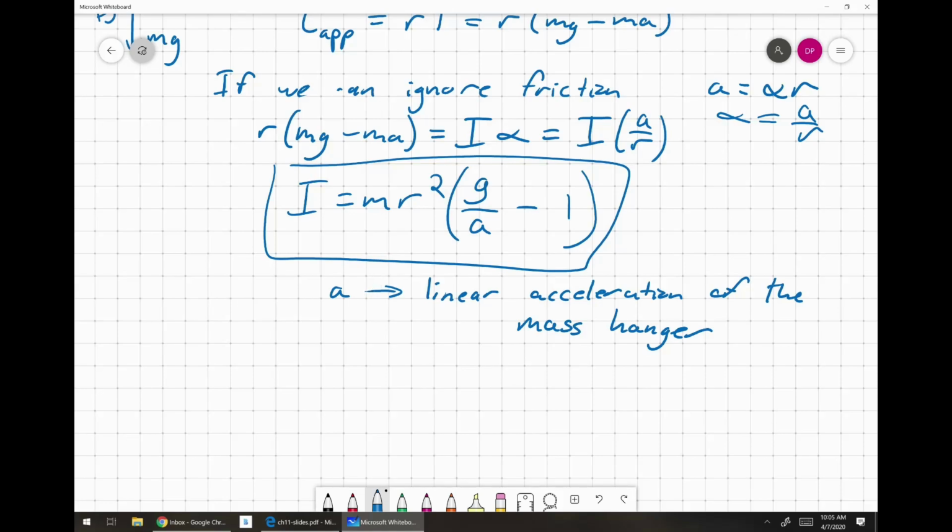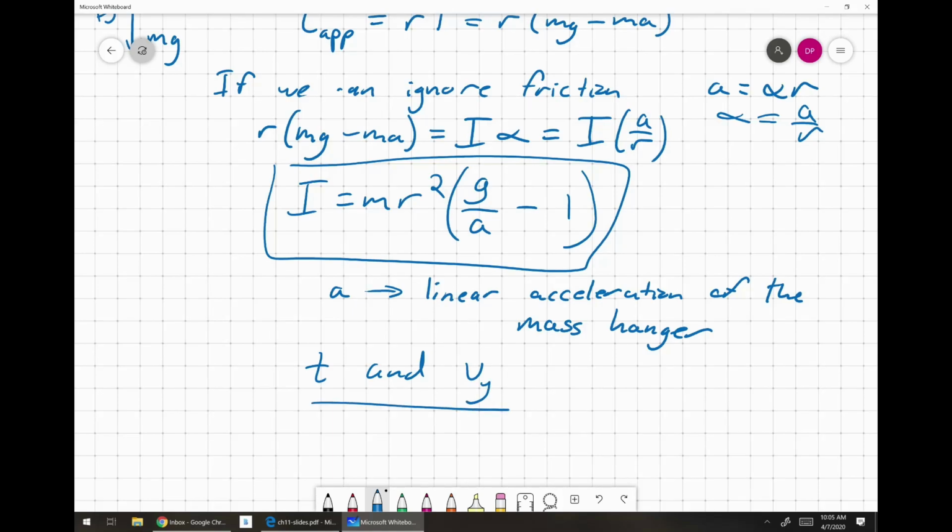We just have to watch a video of the mass hanger falling as it's causing the rotating frame to spin, and we can track the position of that mass hanger. We can use the meter stick in the background of that to set our distance scale. And then we're going to end up getting time and Vy data.